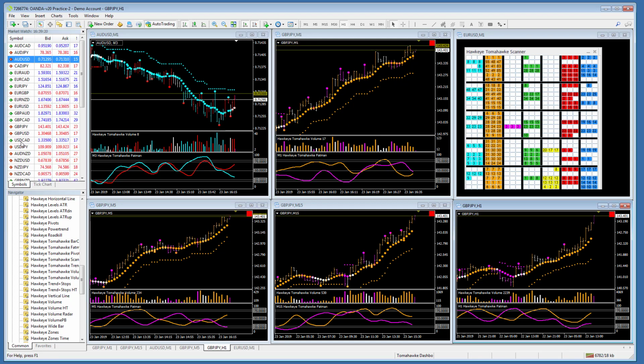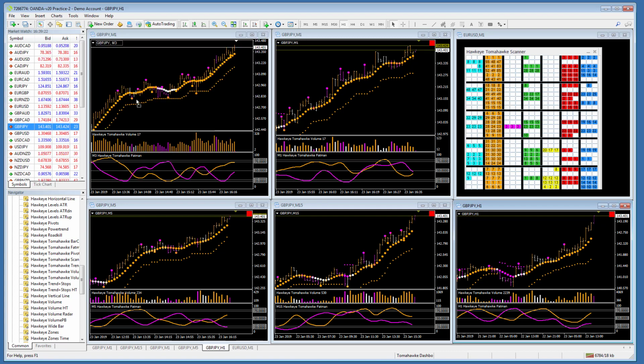What was I on? Pound yen? Absolutely. I'm just showing this as an example. Most of the MT4 platforms are built around forex trading, so that's why I do that. But you can see I do have some cross pairs here, the S&P, the NASDAQ, the Dow 30, but these are not futures contracts.